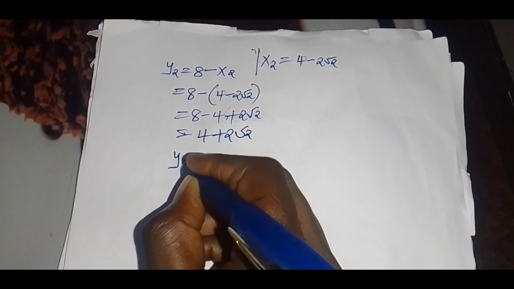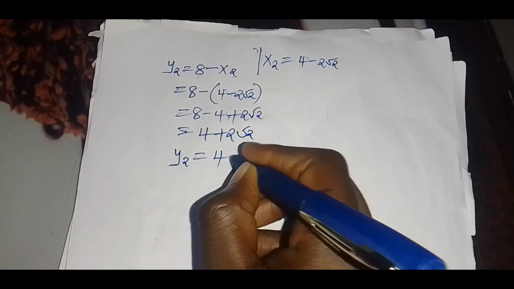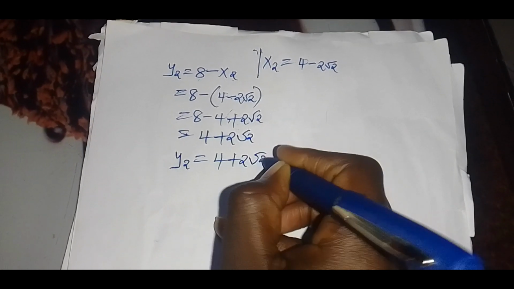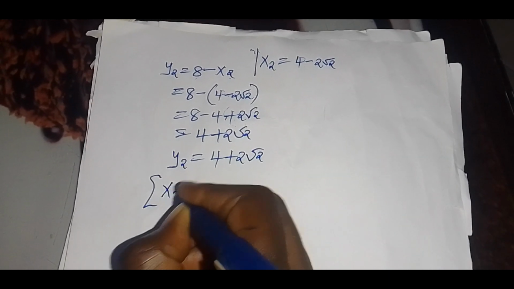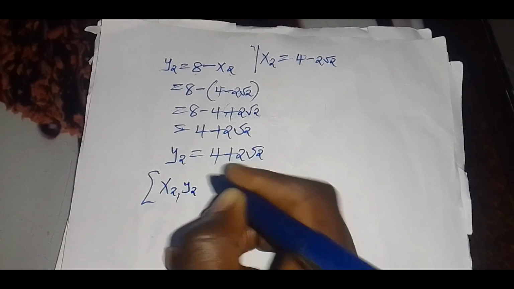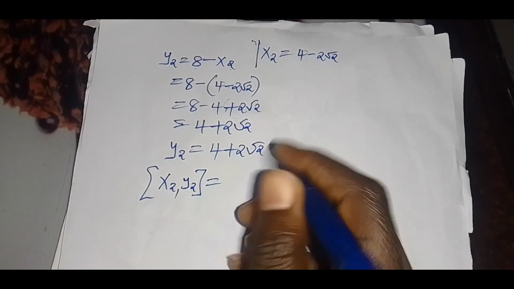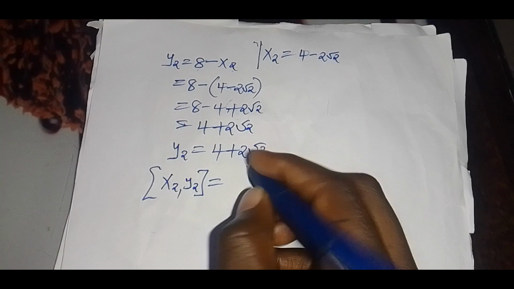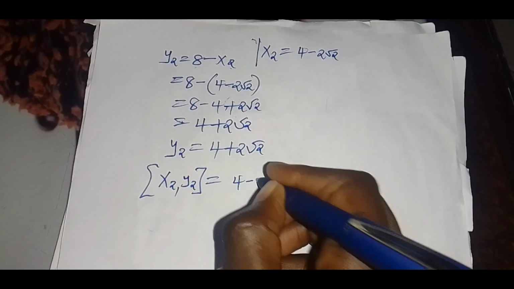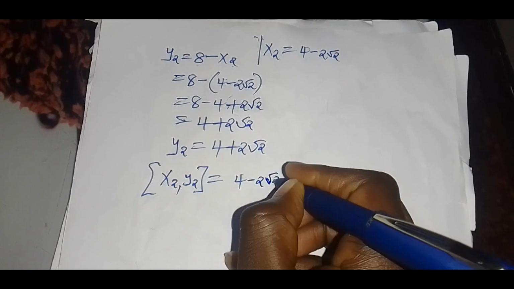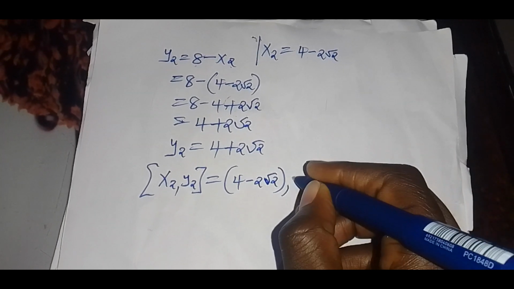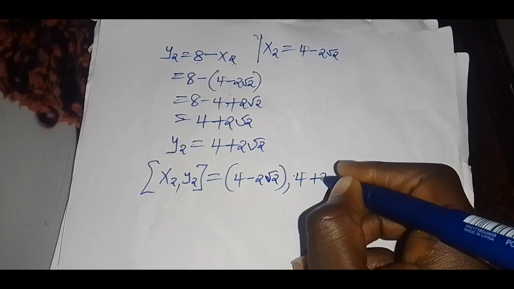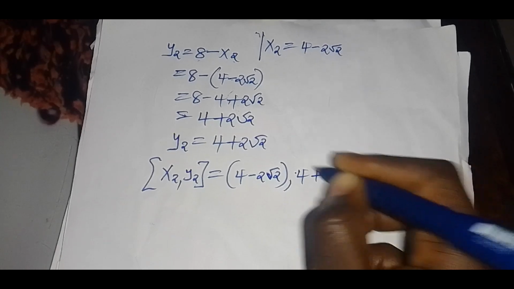So y2 is equal to 4 plus 2 root 2. That means x2 is 4 minus 2 root 2, and y2 is 4 plus 2 root 2.